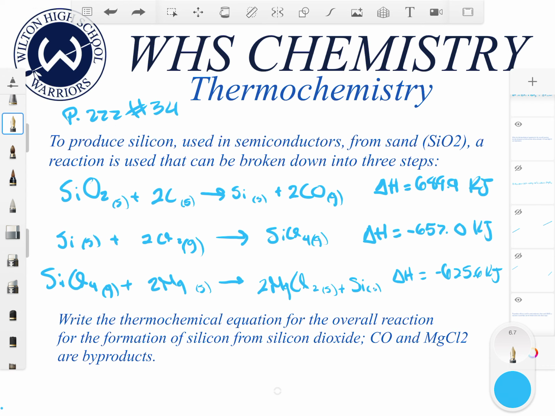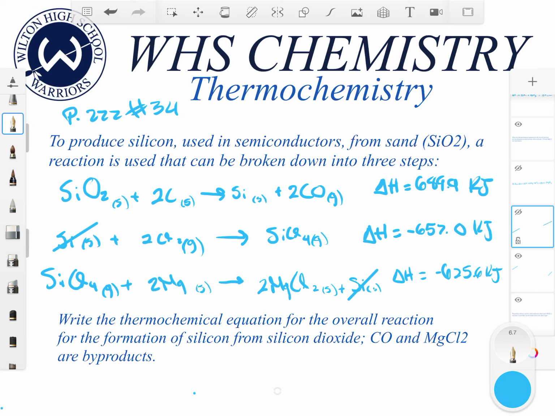But if you look at the third equation, there's another spot where silicon appears in the products. So we can cancel these 2 silicons in the second and third equation and still be left with some silicon that will be produced later in the equation that does not cancel out. So those are our first 2 elements that will cancel.